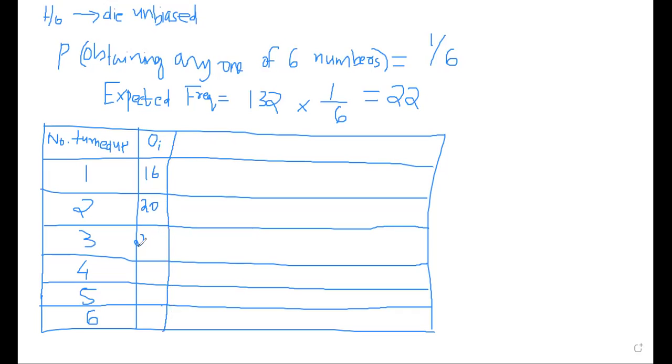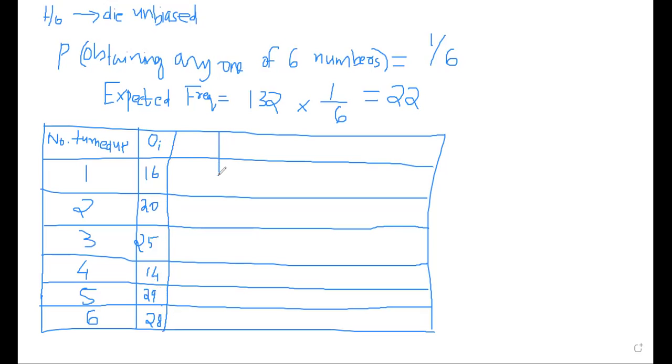Then 3, that is 25. Then 4, it is 14. And 5, it is 29. And number 6, that is 28.